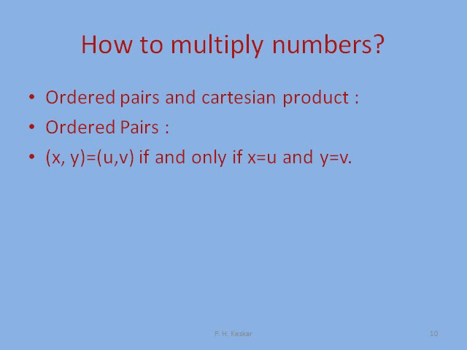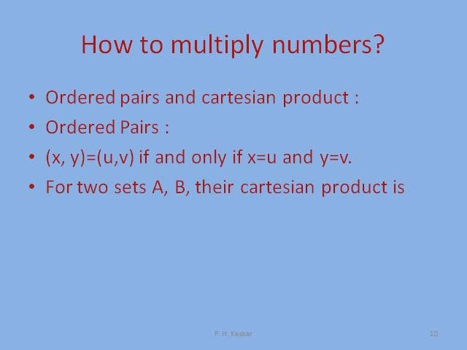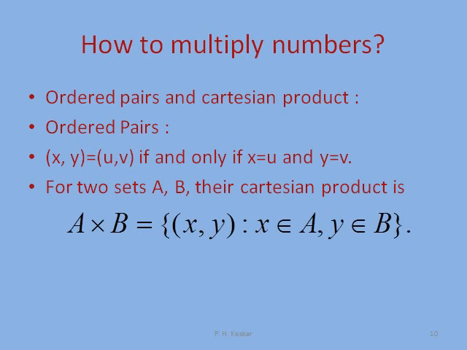In fact, this is the characterizing property of ordered pairs. If you have two sets A and B, you can define their Cartesian product denoted by A cross B. A cross B is exactly the set of all ordered pairs x comma y, where the first component x comes from A and the second component y comes from B.